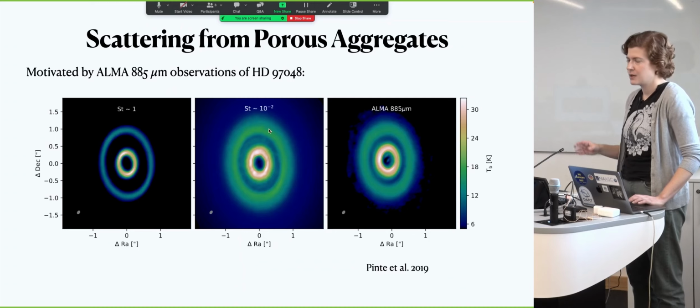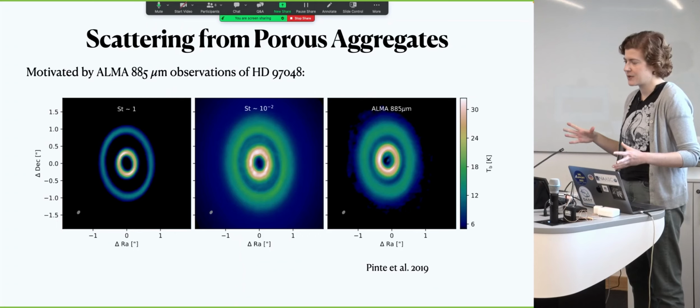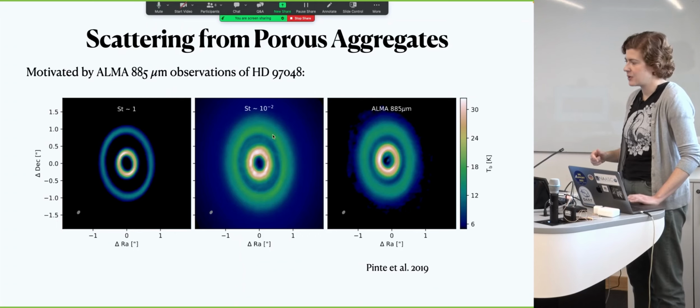Whereas if you take dust grains the same size, but make them fluffy, so they've got a lower Stokes number, you get wider rings that are more consistent with what we actually see in the ALMA observations.